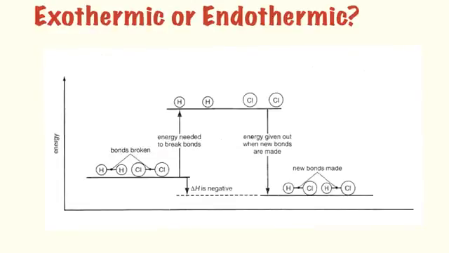A nice simple way of thinking about what we're doing is this little diagram here, where we can see that we need to break bonds, so we need to put energy in, and although it's counterintuitive, energy is released when bonds form. It's semi-counterintuitive, but that's neither here nor there.